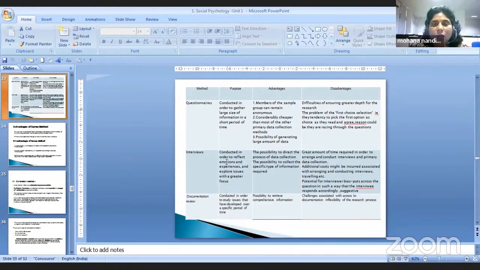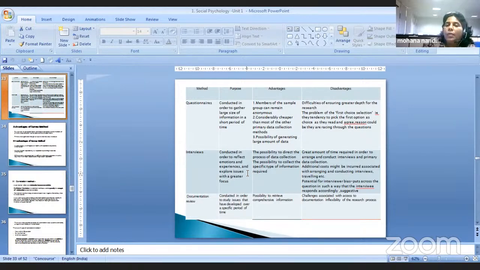In the interview method, what is the advantage? Here in the interview method, it is conducted in order to reflect emotions and experiences and explore issues with a greater focus. Whenever you start asking the questions on a one-to-one basis, they may give a lot of answers to that. Not only that, they may give you a lot of space.